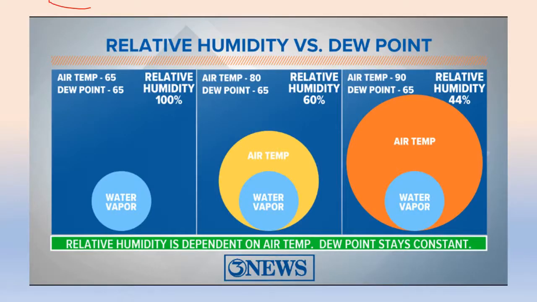What we can say from this picture, this is relative humidity versus dew point. The relative humidity at the dew point, when the air temperature and dew point are the same, is 100%.